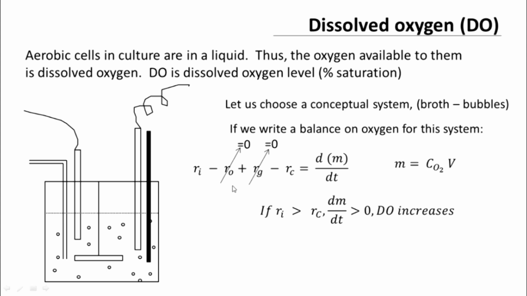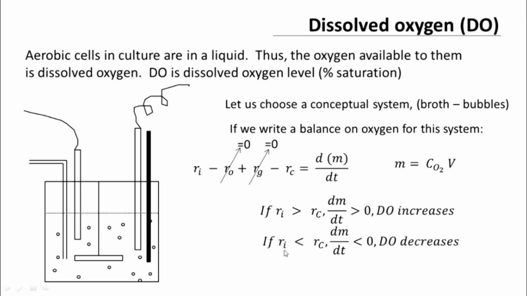Now if the rate of input is greater than the rate of consumption, if you can provide oxygen at a much faster rate than the rate at which it is being consumed by the cell, the accumulation rate is going to be greater than 0. It's easy to see here. Ri is greater than Rc, therefore Ri minus Rc is positive, therefore dm/dt is going to accumulate. If this is the case, then the DO, the dissolved oxygen level, will increase, from the balance.